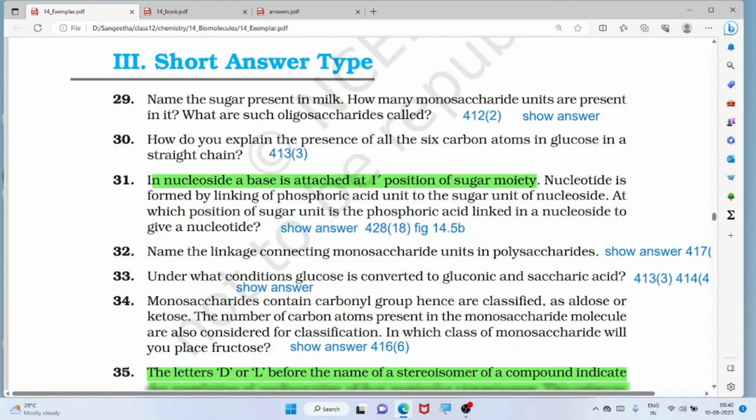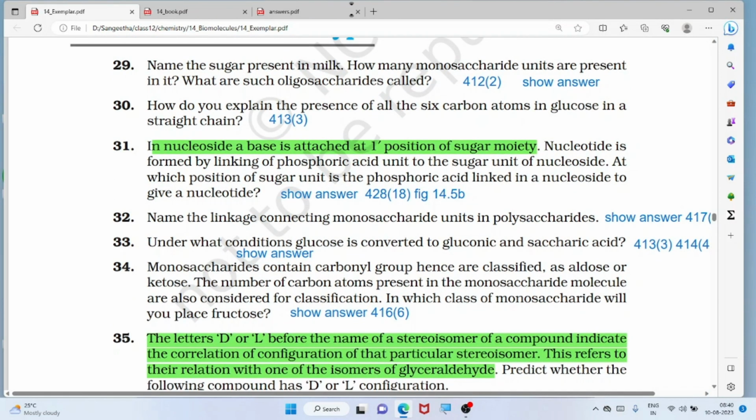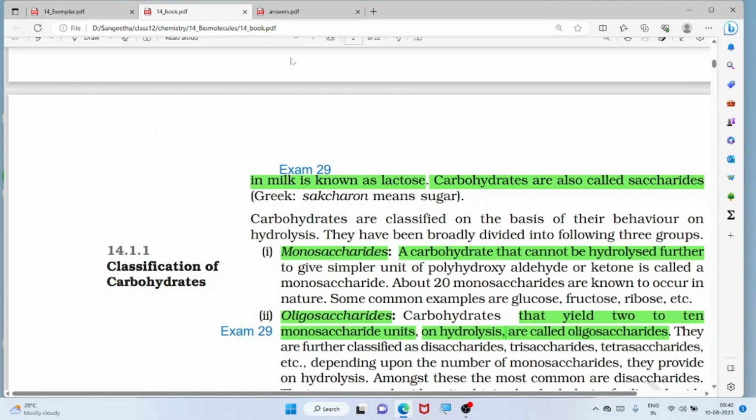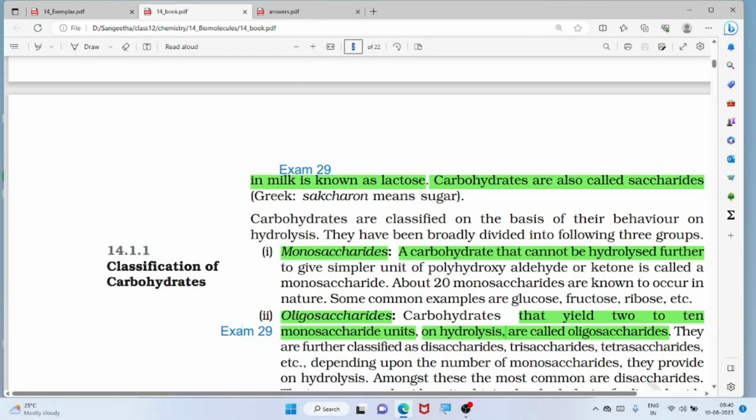How do you explain the presence of all six carbon atoms in glucose in a straight chain?